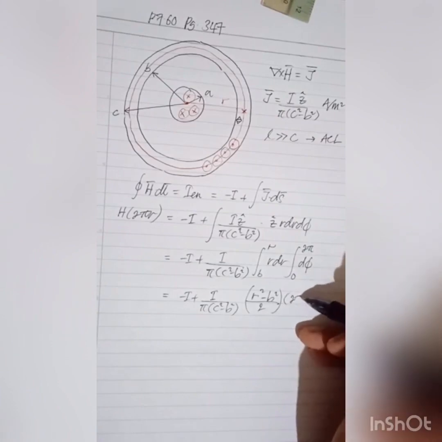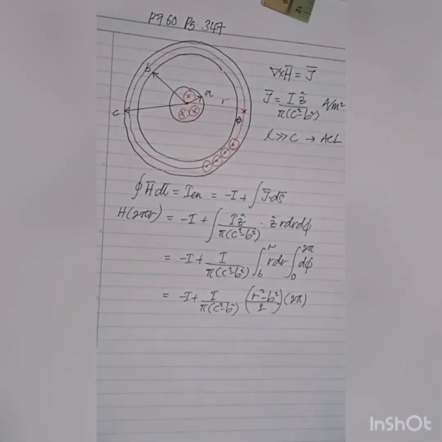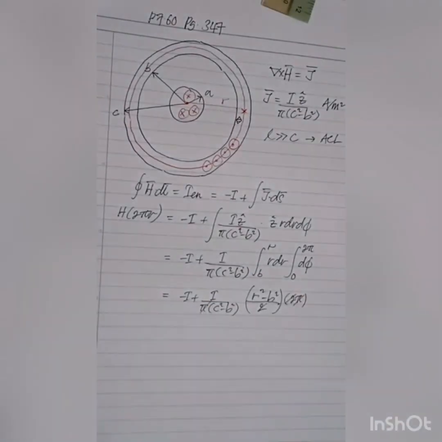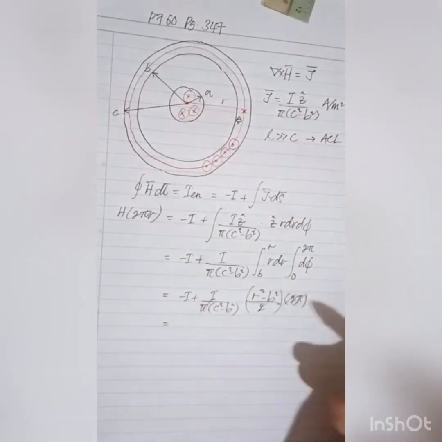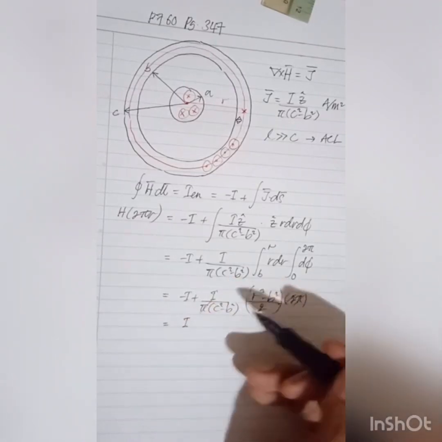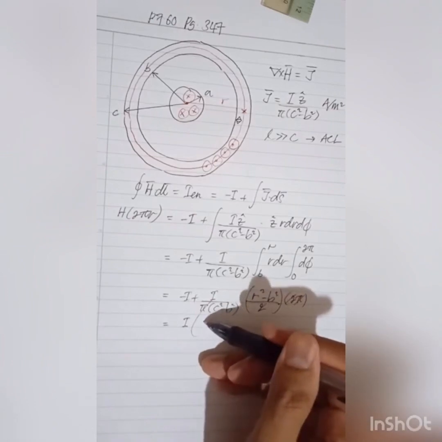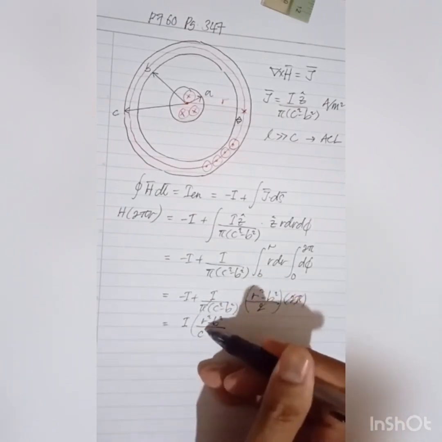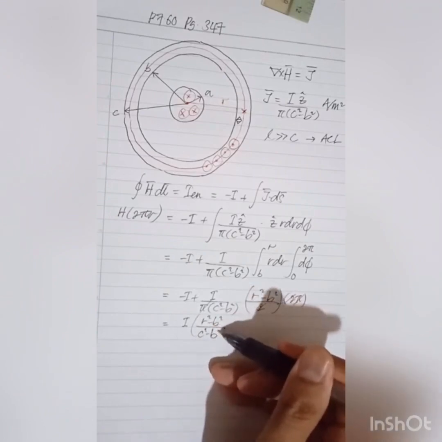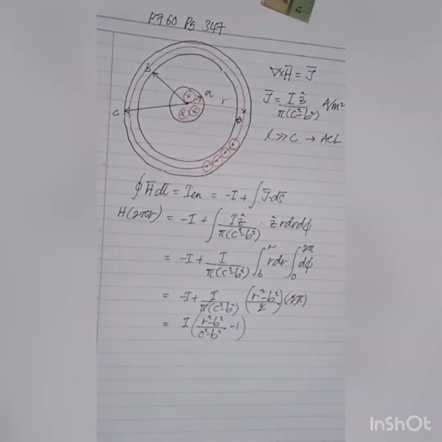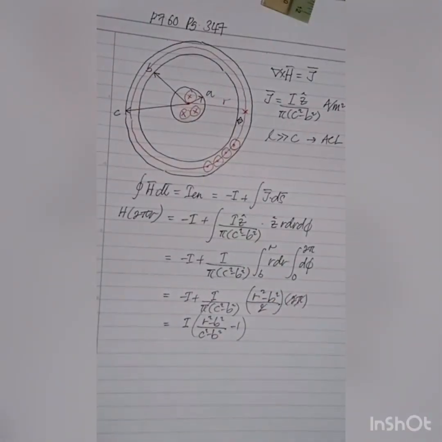Now we have 2 pi, so we can simply delete the 2 with this 2, the pi with the pi, and finally have a simplified version with the I over times r squared minus b squared over c squared minus b squared minus 1. Okay, that's the right hand side equation, which is the current enclosed within this loop.